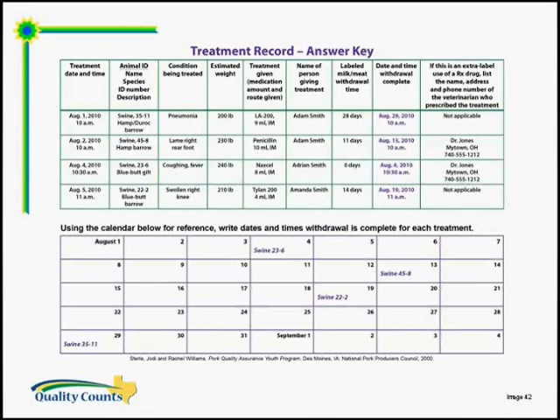On the third animal that was treated, it was treated on August the 4th. It's also a swine with animal ID 23-6. It was treated for cough and fever. The animal weighed 240 pounds. It was treated with Naxal, 8 mLs intramuscular injection.